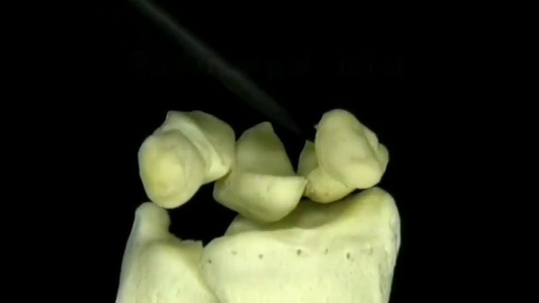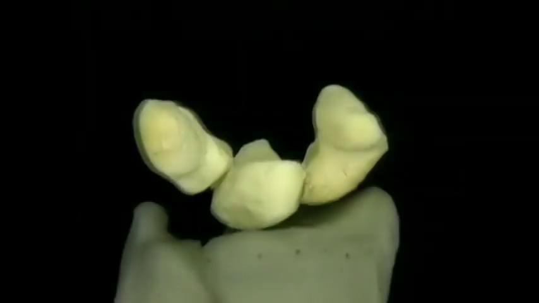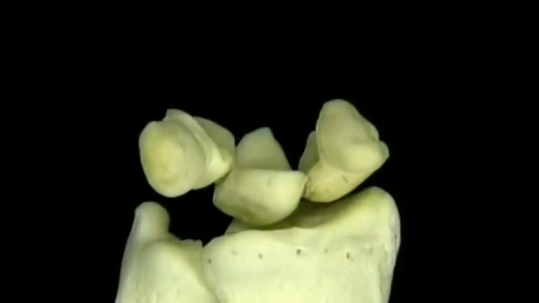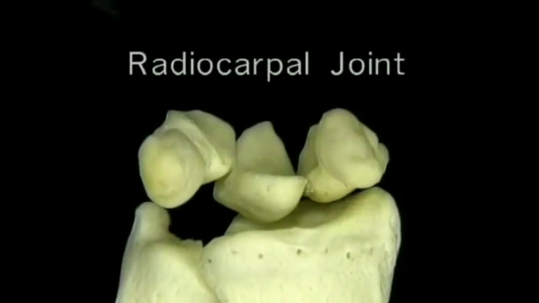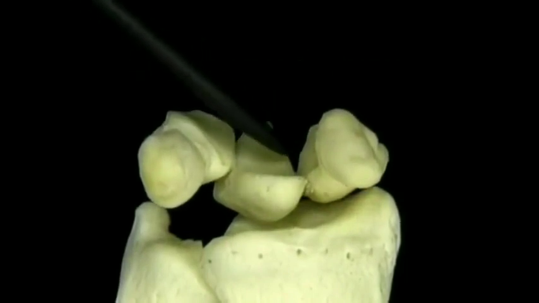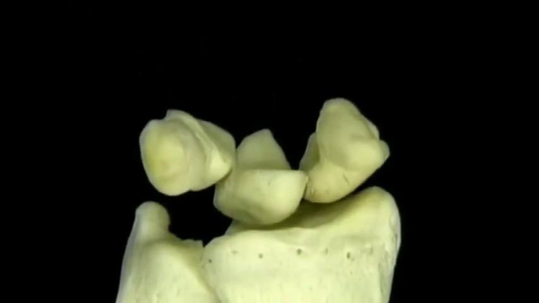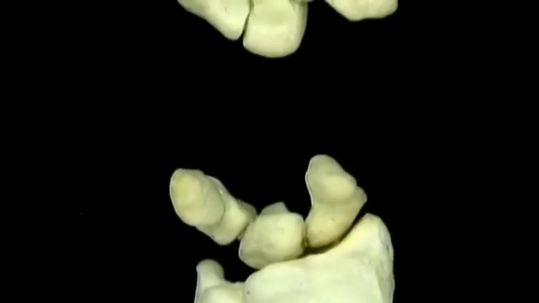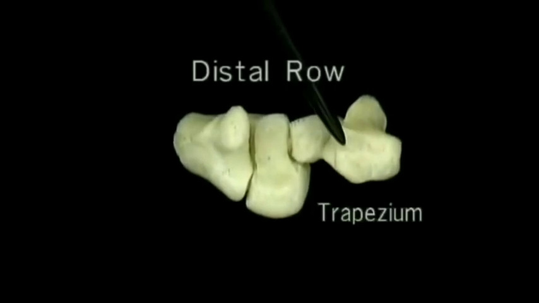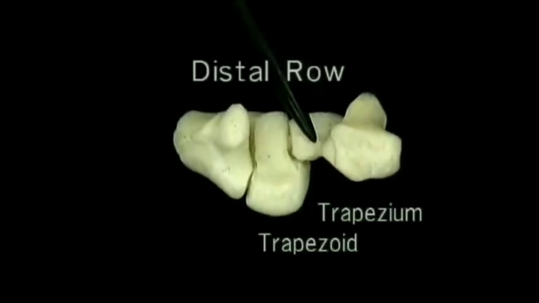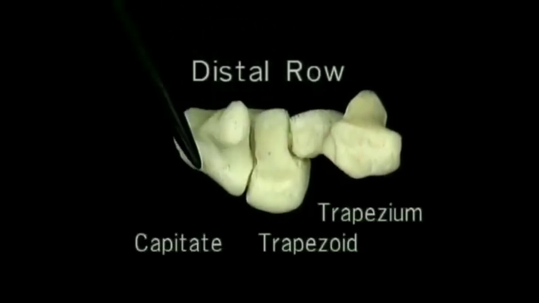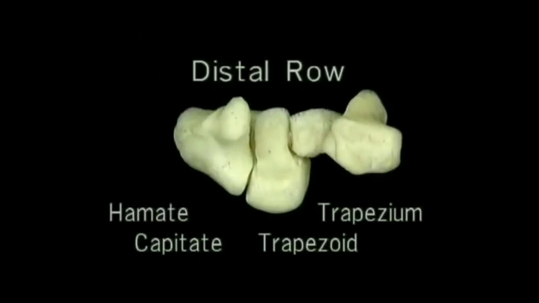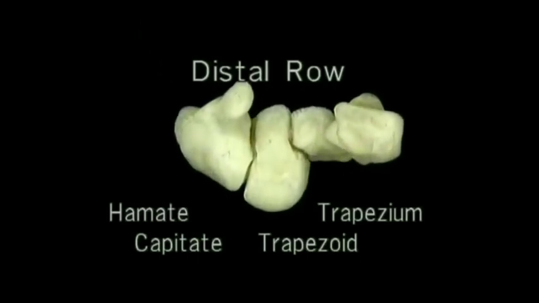The distal surface of the proximal row forms a deeply concave notch which the bones of the distal row fit into. The bones of the distal row are the trapezium, the trapezoid, the capitate, and the hamate. The capitate and part of the hamate project proximally.